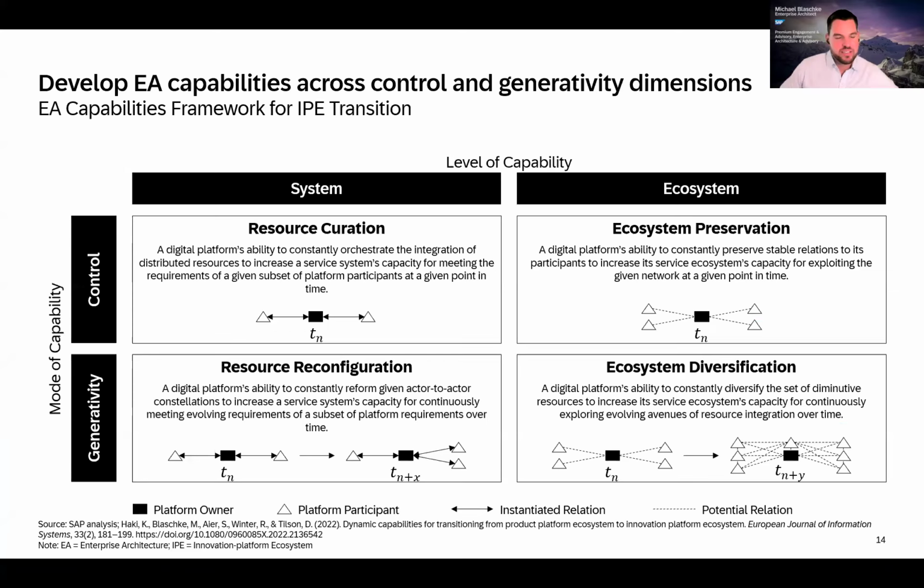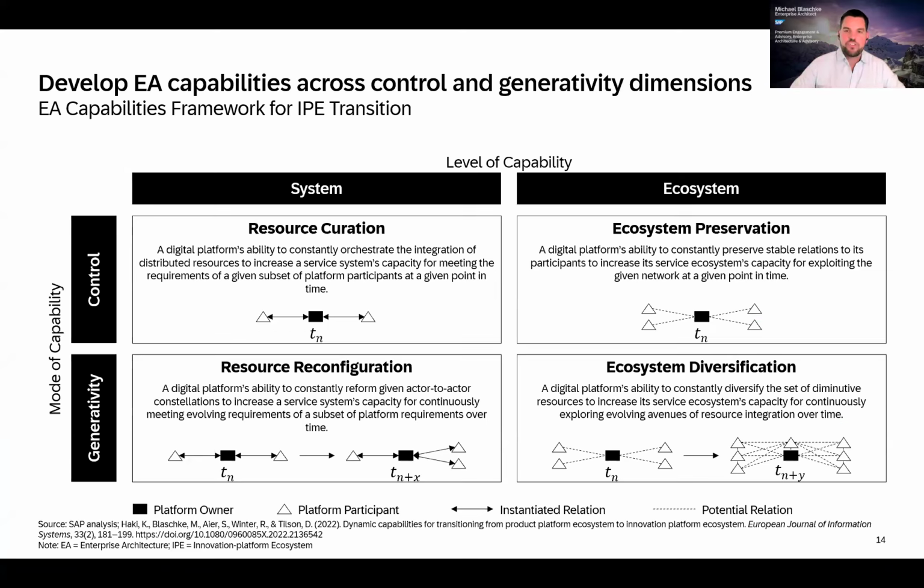Okay, so as promised, today we would get more scientific, and let alone by the visualization, you already get a glimpse into the EA capabilities that we suggest it takes for transitioning to IPEs.